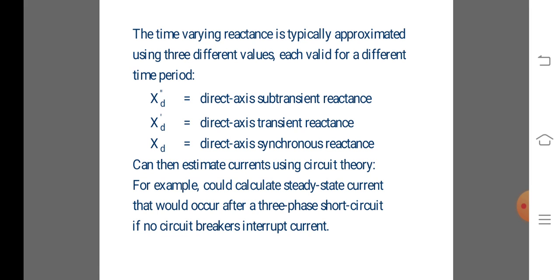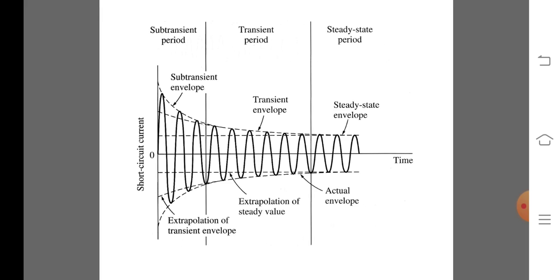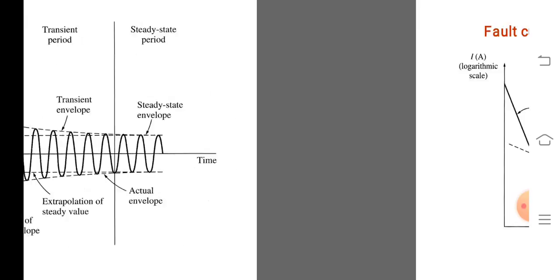Those three categories are under the control of this reactance. We can then estimate current using circuit theory. For example, we could calculate the steady state current that would occur after a three-phase short circuit if no circuit breaker interrupts the current. We have already seen this picture.